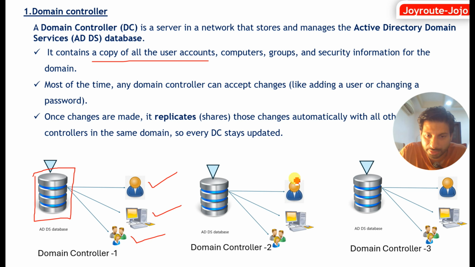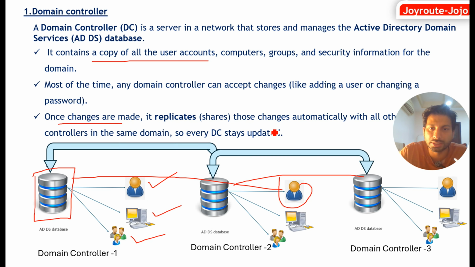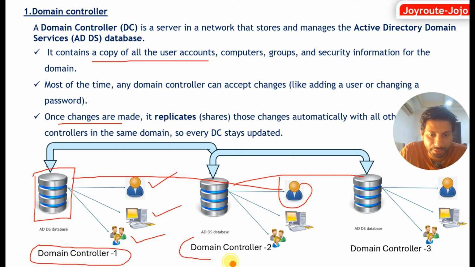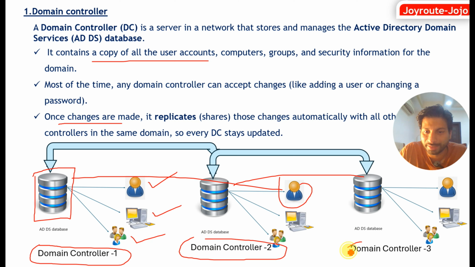So you can change the password of a particular user in domain controller 2, and it will replicate to both the other domain controllers. Once changes are made, it replicates those changes automatically with all other domain controllers in the same domain. So every DC stays updated, which means if you make changes in domain controller 1, the changes will be replicated to 2 and 3, according to the replication timing.